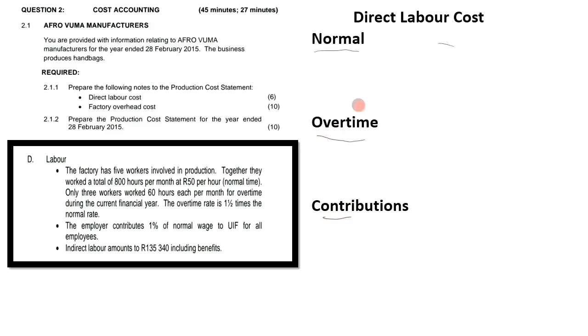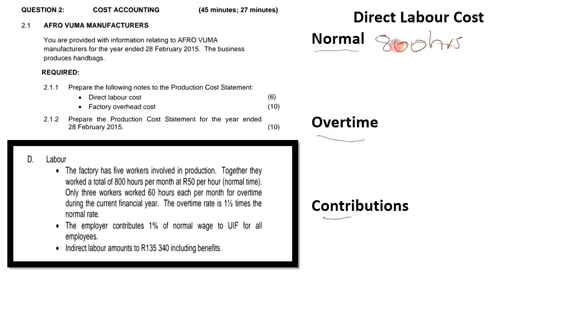As given in information D, the factory has 5 workers involved in the production. Together they work a total of 800 hours per month at 50 rand per hour. So we have 5 employees who work a minimum of 800 hours, all of them together.